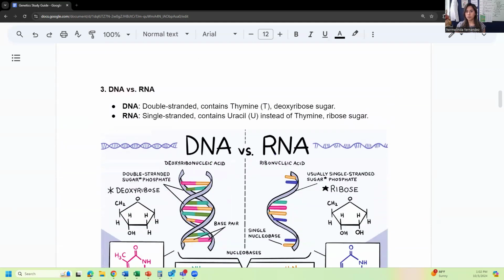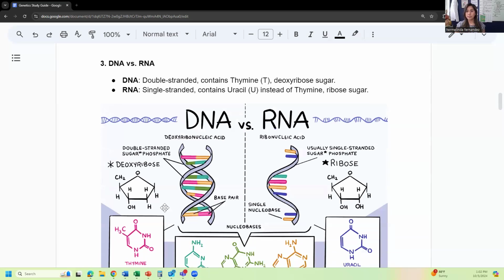Okay, so now let's compare DNA and RNA. DNA is a double strand, so I want you to think of that D for double strand. It has 2. D for double strand and RNA for single, okay, so it's just 1. DNA contains the base thymine.